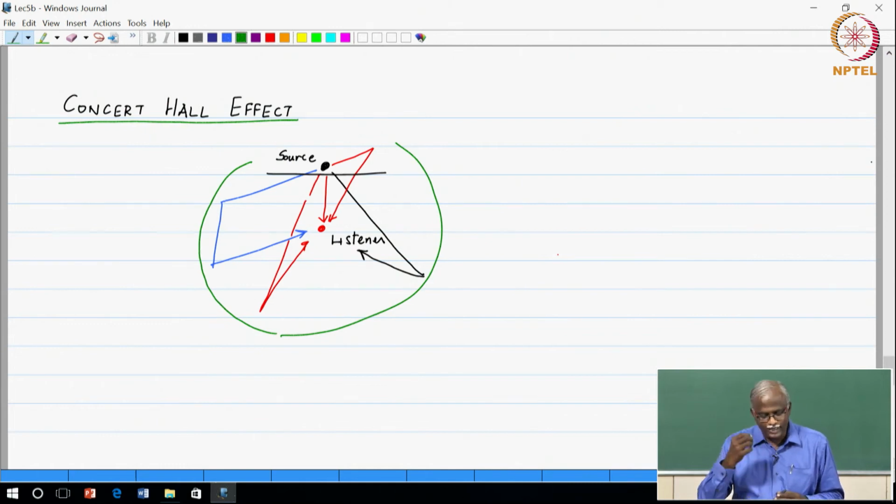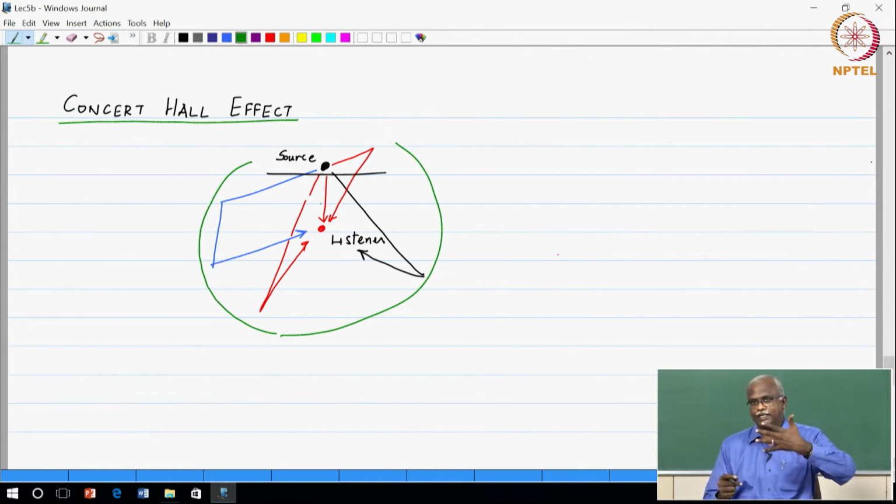So, basically what you get is, one, the clarity of the signal, and second, the feeling of depth, that you are in an auditorium, and people have done analysis of what produces this type of effect. From a signal processing viewpoint, there is a direct path.